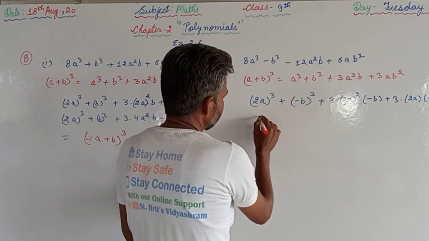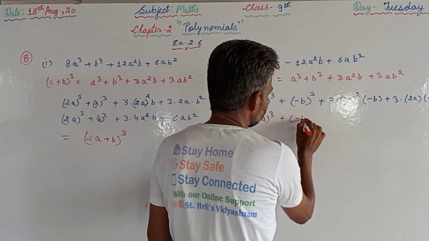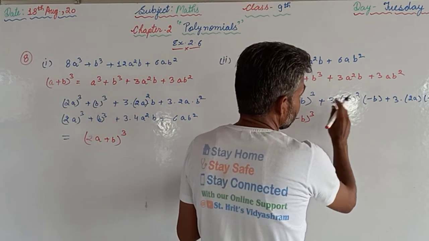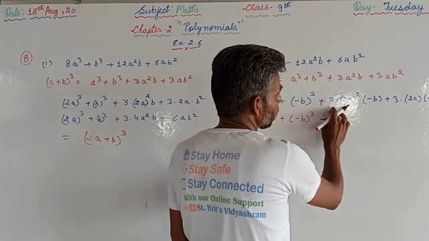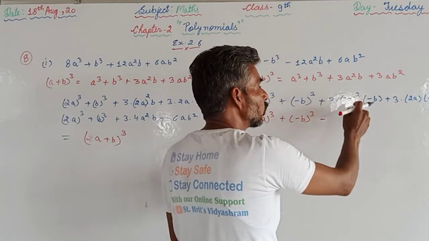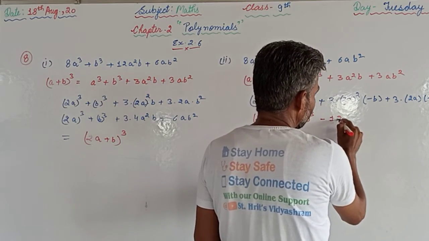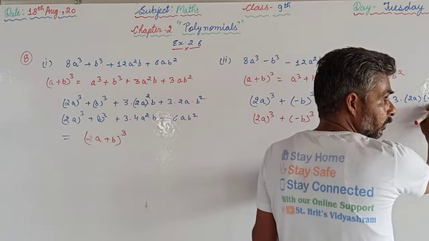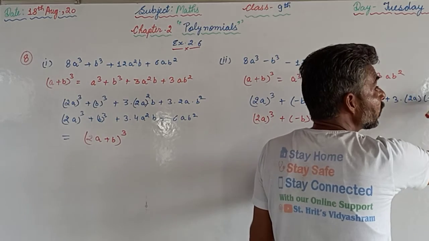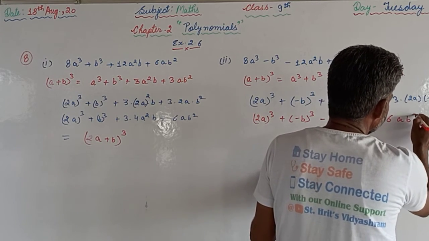So we will write again (2a) whole cube plus (minus b) cube. Now if we multiply plus minus it will become minus 3, 2a into 2a 4a square, 4 threes are 12a square b. Here minus will become plus because it is (minus b) whole square. So that will be 6ab square.